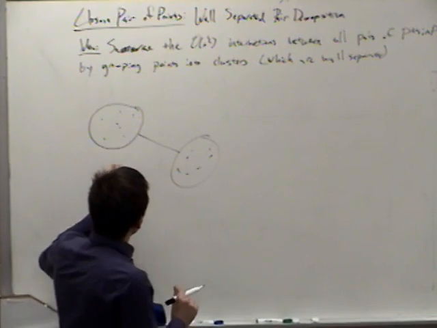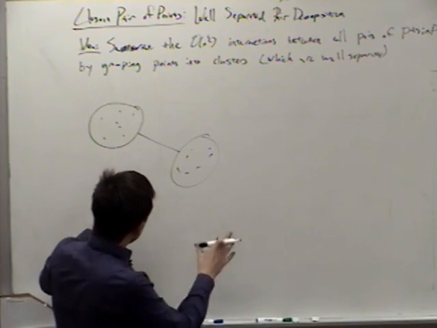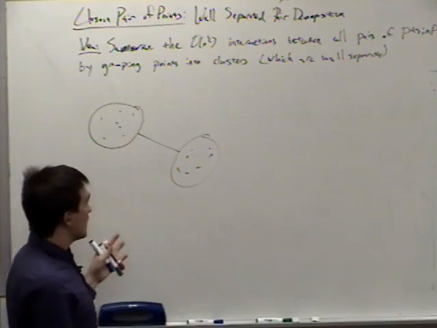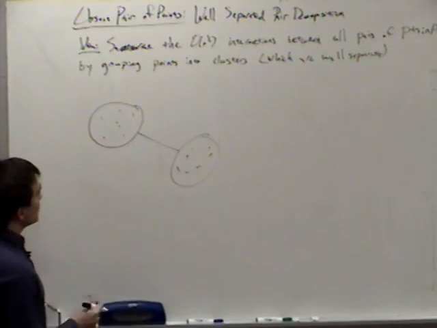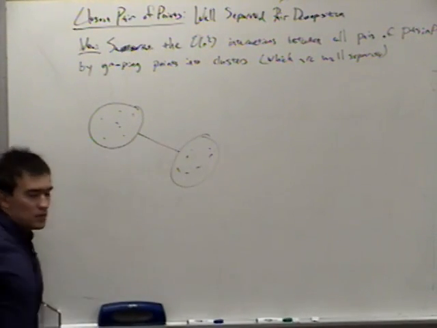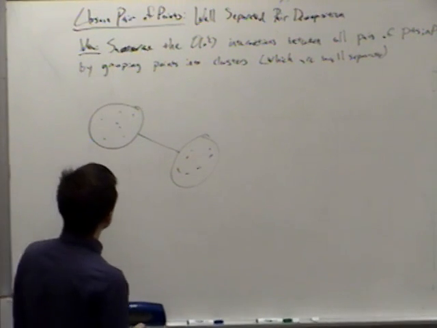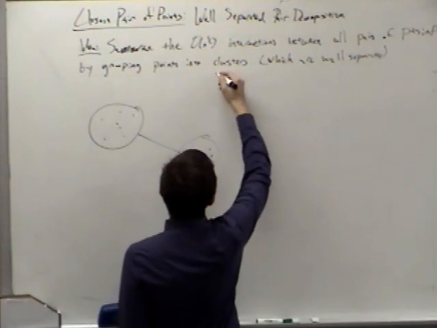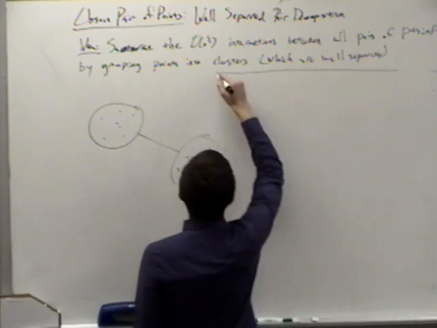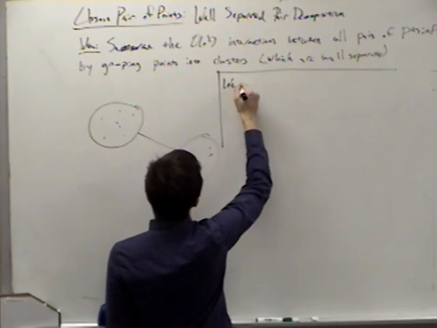So OK, what do these clusters look like? Or what do these sort of pairings look like? The idea is that each of these clusters is going to have this property, which is that they are well separated. OK? So to do this, we're going to define a concept called a well-separated pair.